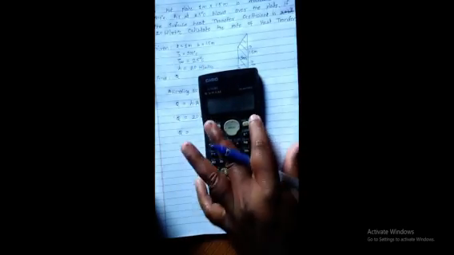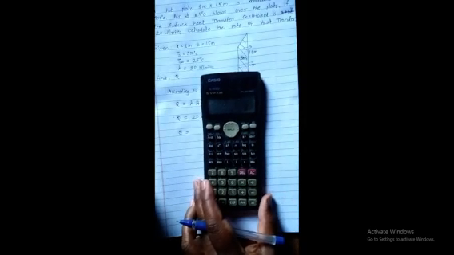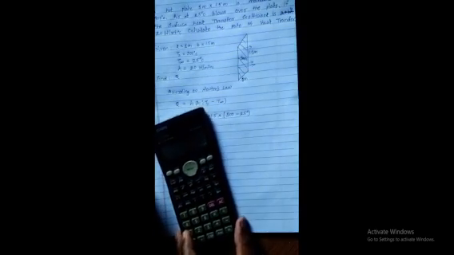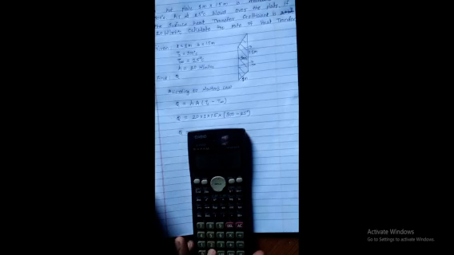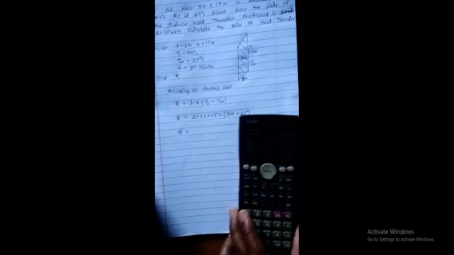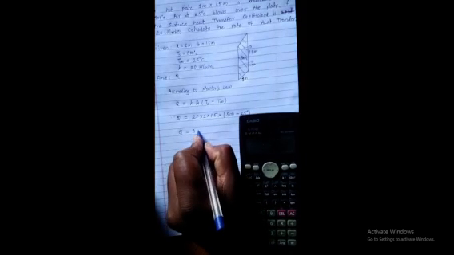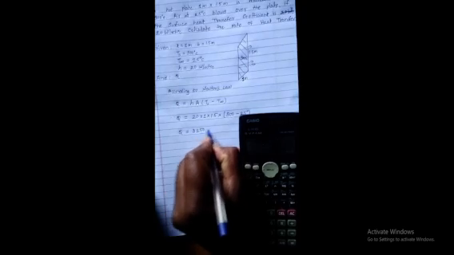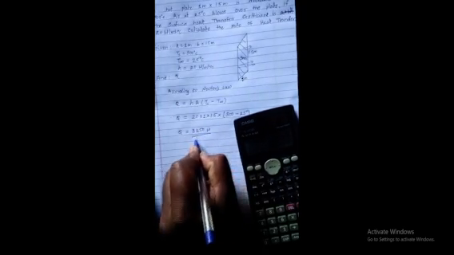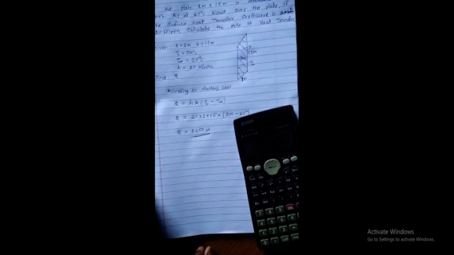First we will solve the bracket, that is 300 minus 25, into 1 into 1.5 into 20. It will be equal to 8,250 watt. This will be the rate of heat transfer.